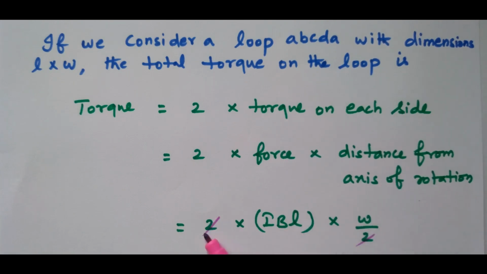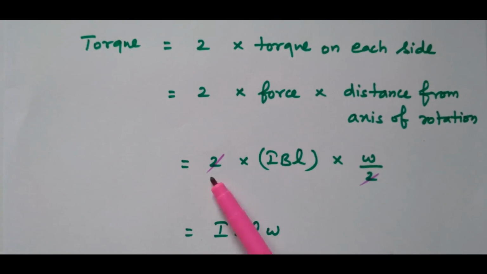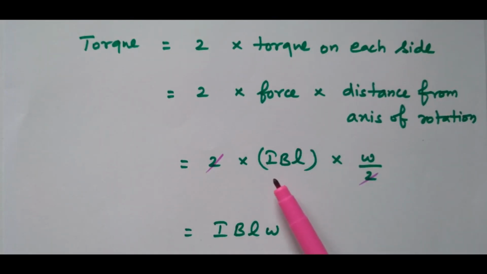So 2 times, because we consider both sides. So 2 into the force we already calculated, IBL, for both AB and CD. Only the negative sign is there, which indicates it is going in the negative direction. The distance from the axis of rotation is W by 2, because W is the width and the point P is located exactly at the half. So that's W by 2. So these two got cancelled.